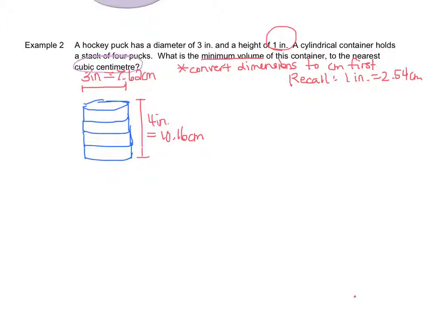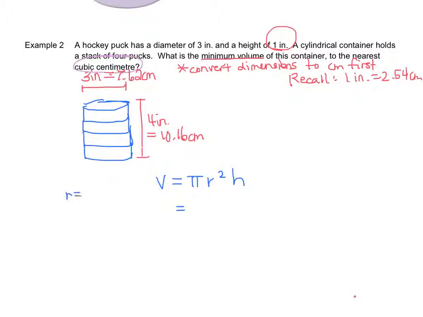Now we can find the volume using the same volume formula we used in the last example. Volume of a cylinder, pi r squared h. And now we just have to remember that the diameter is 7.62. So I guess we have one other little piece of work to do here.